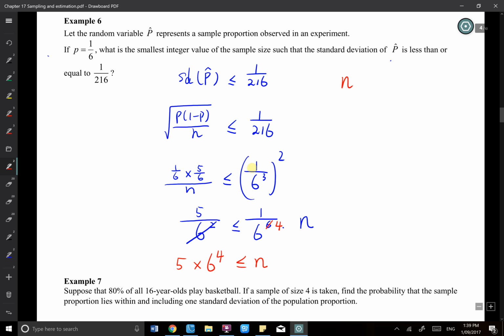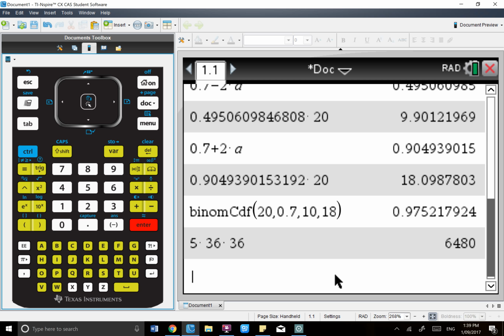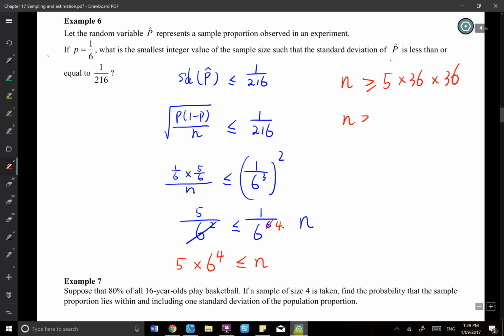And n is greater than or equal to, well, what's that? 5 times 36 times 36. So 6480. So what is the smallest integer? So n minimum will be 6480. So at least needs to be 6480.